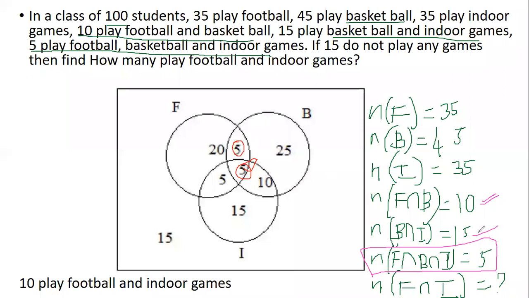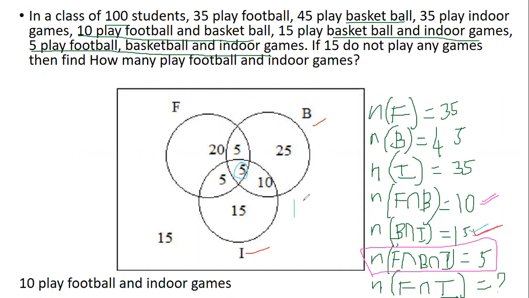Now going on to B intersection I, that is these 2 sets. What is the total number? 15. Now out of 15, 5 is already taken over by all the 3 games.